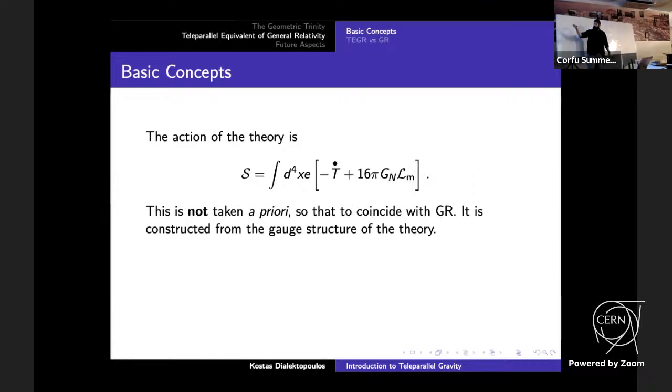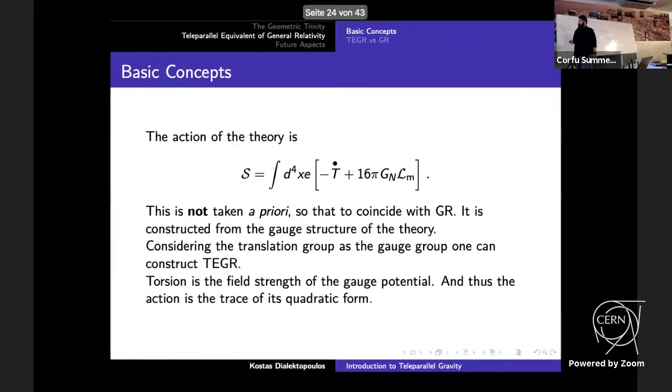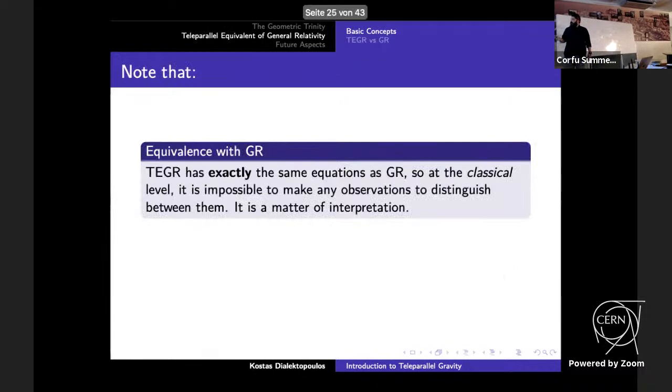In fact, the torsion tensor is the field strength of the gauge potential. I'm going to stick to the qualitative results here, and I'm not going to discuss more technical details about the theory. But just so you know, there is also another description, the symmetric teleparallel gravity, which is described only by non-metricity with no curvature and no torsion at all.